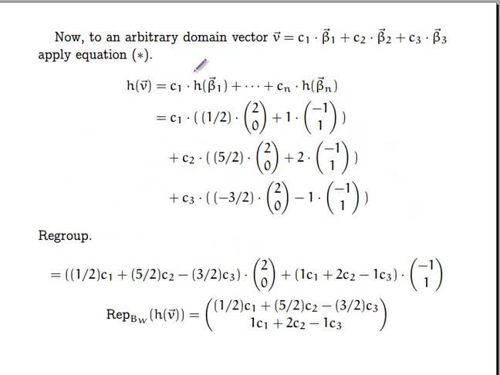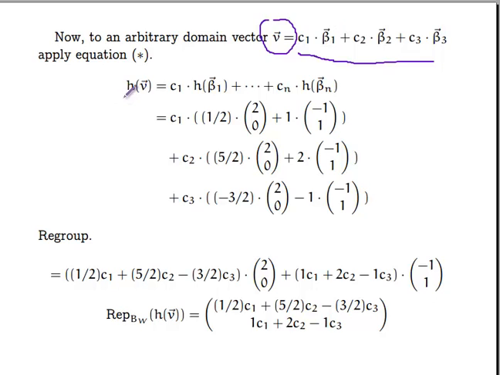Now, to an arbitrary domain vector V, which is a linear combination of the domain basis vectors beta 1, beta 2, beta 3, we can apply the equation star, which just gives me the linear transformation of V as a linear combination of basis vectors.